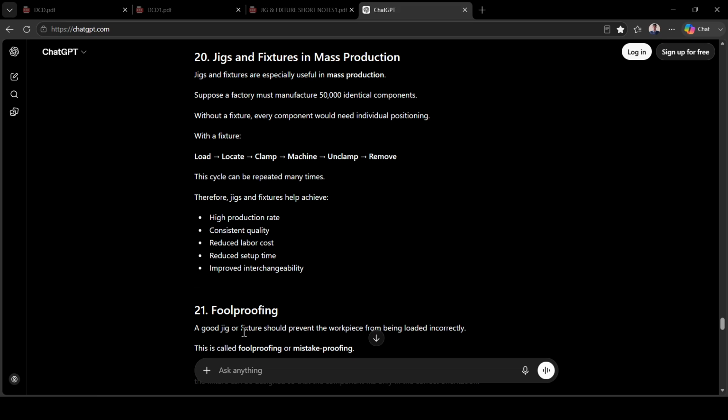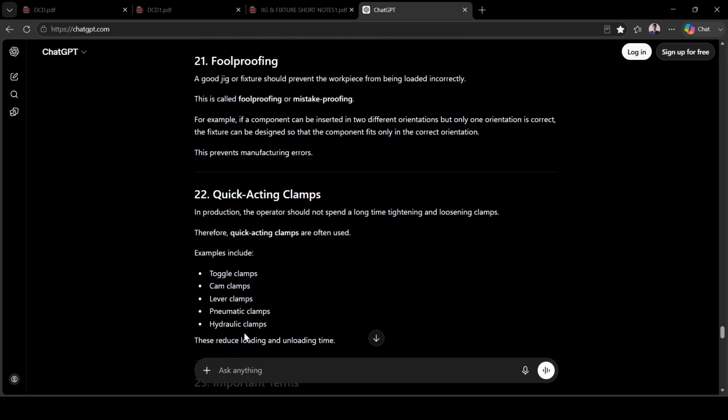With a fixture: load, locate, clamp, machine, unclamp, remove. This cycle can be repeated many times. Therefore, jigs and fixtures help achieve high production rate, consistent quality, reduced labor cost, reduced setup time, and improved interchangeability.